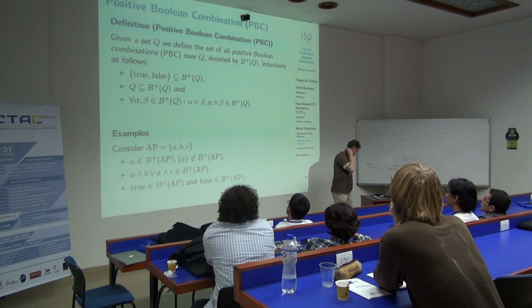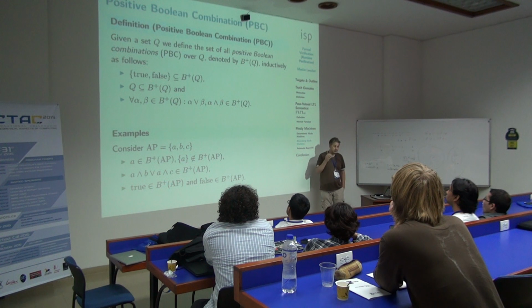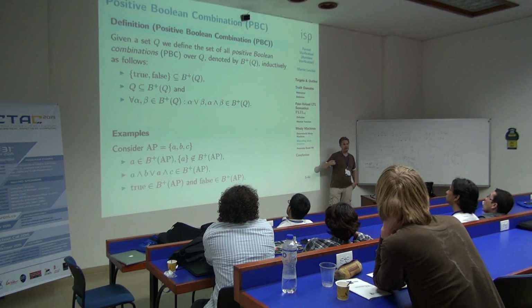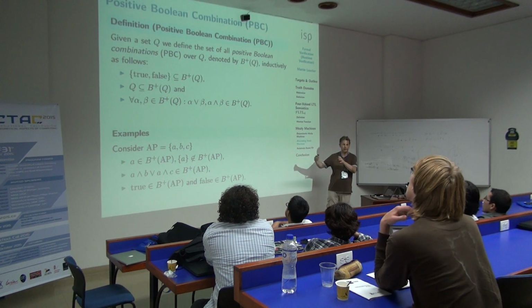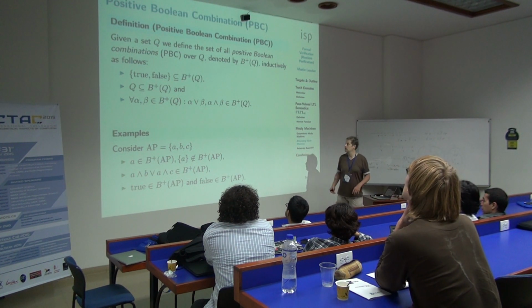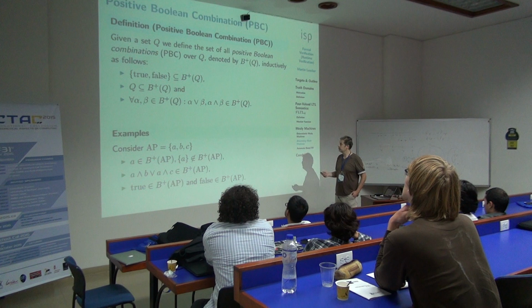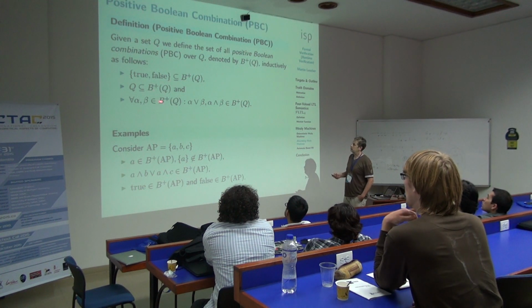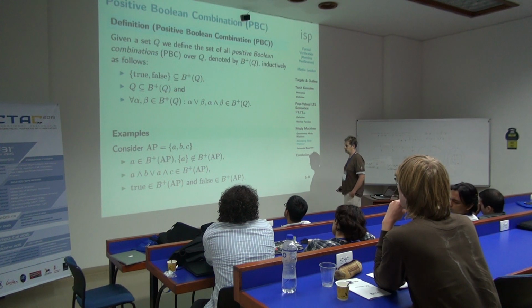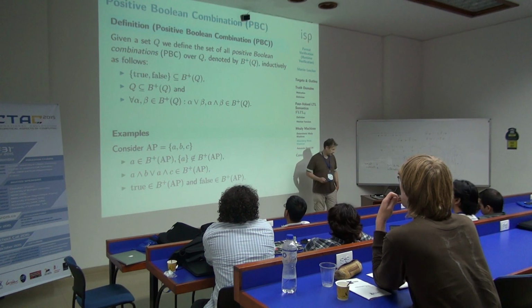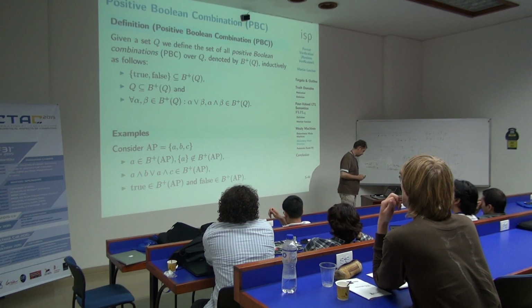So formally, an alternating machine is a mapping that takes me from one state, reading a letter, to a positive Boolean combination of states. Meaning we have the states true and false, and we have disjunction and conjunction of states.